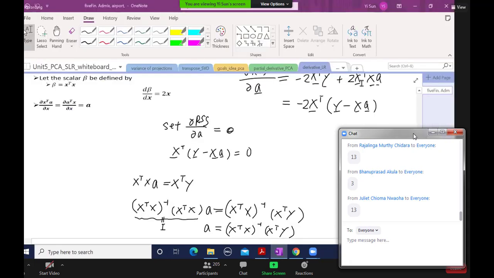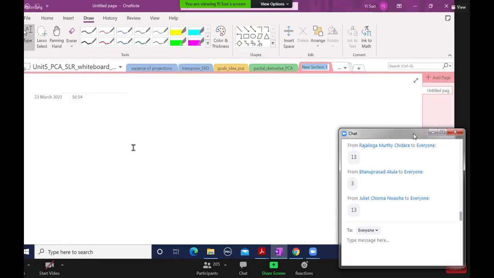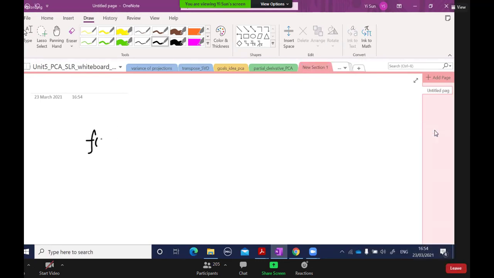If you are asked during the test, given some outputs, to write down the linear regression line, you should write something like this, okay? And when you read a research paper, let me write it more formally.